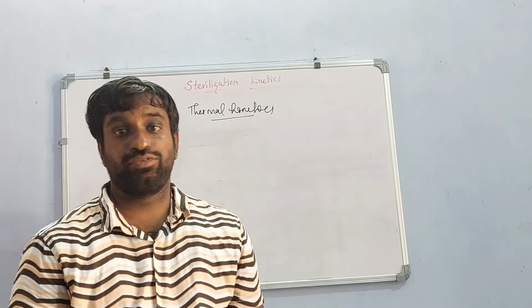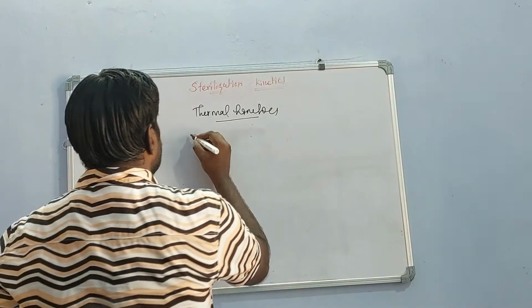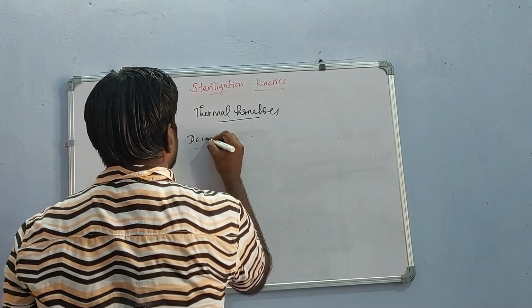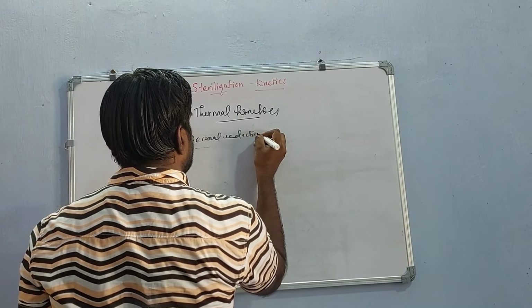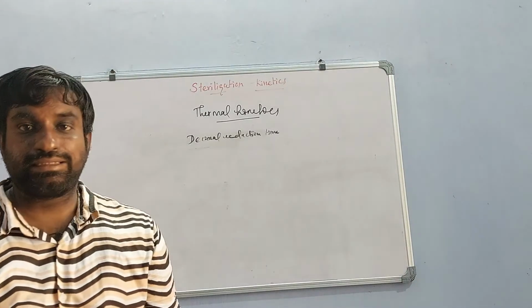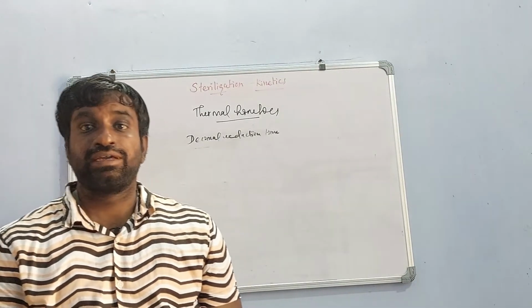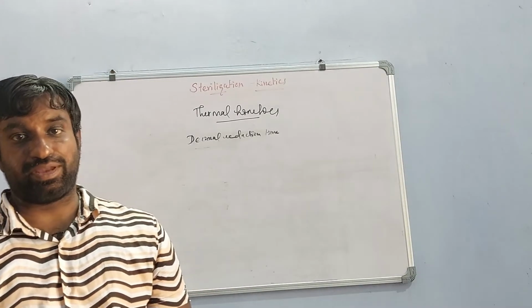We can also define a term called decimal reduction time. It is the time at which 10% of the original population remains viable at a given temperature.